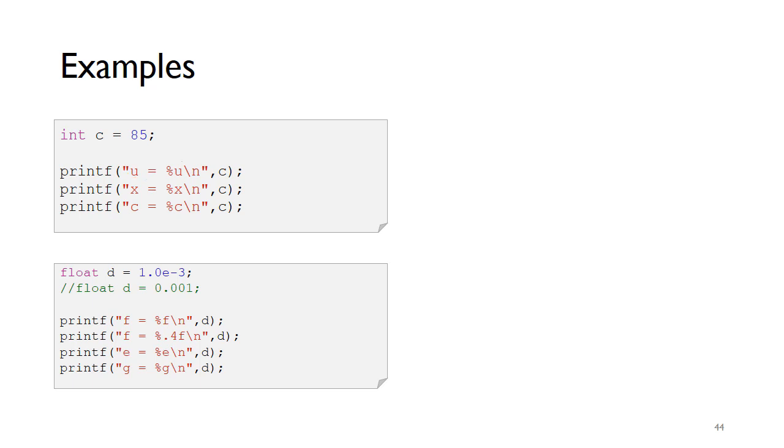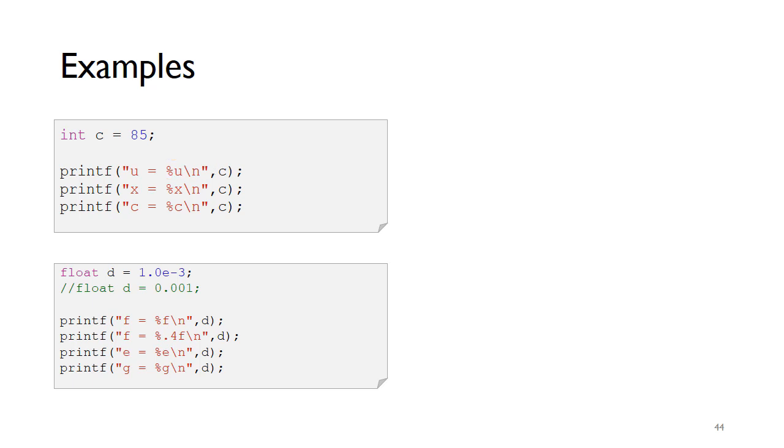And then essentially when we have this % sign and then the format specifier, when that's printed to the terminal, it just gets replaced by whatever we put in here. So in this example, C has got the value 85. So it'll print U equals, the unsigned integer form of that is obviously just 85, so it'll print that.